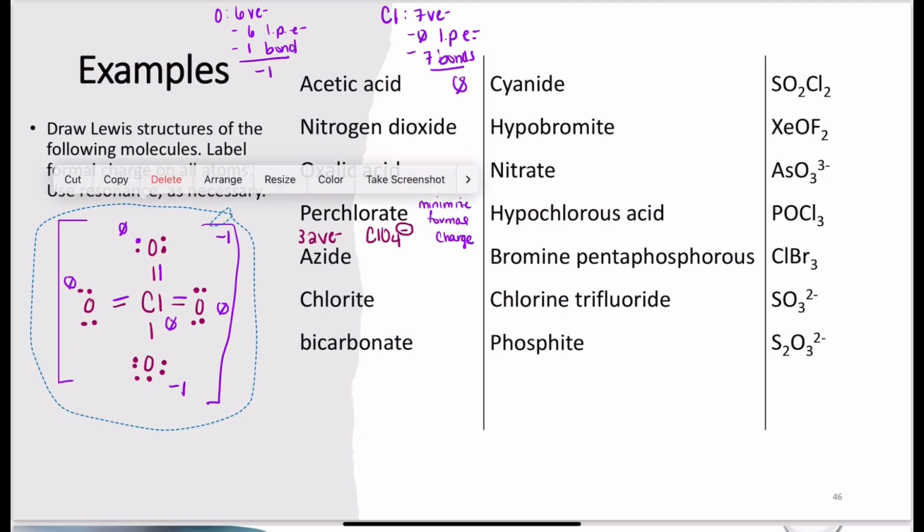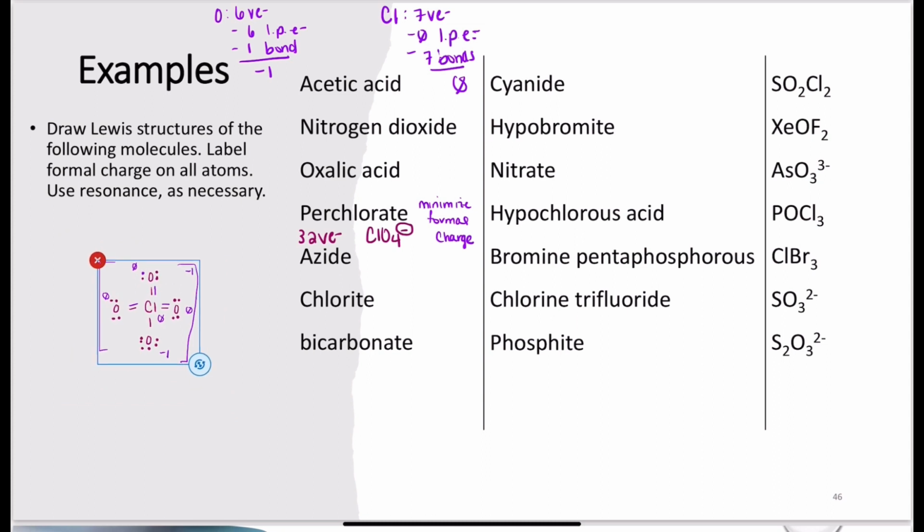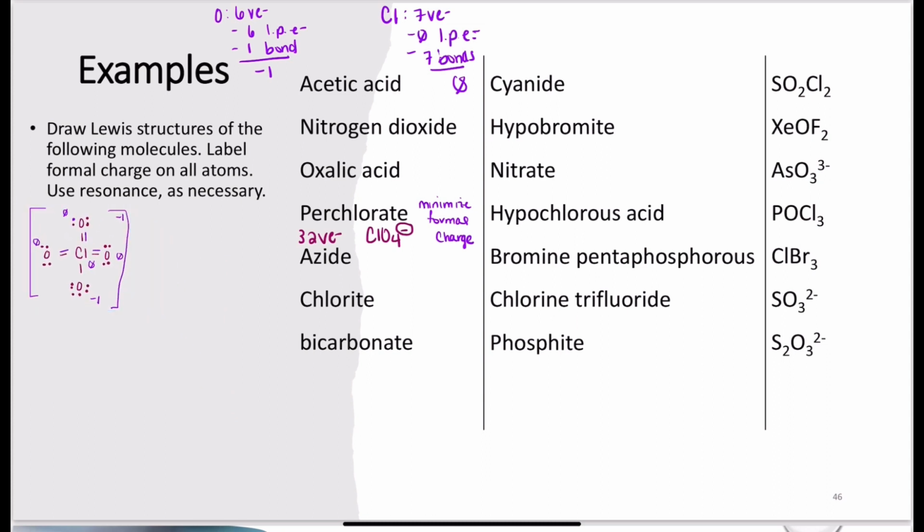This is completely equivalent to writing the double bonds in different oxygens though. So I could have also written ClO, ClO, ClO, ClO with our lone pairs. These are equivalent structures.